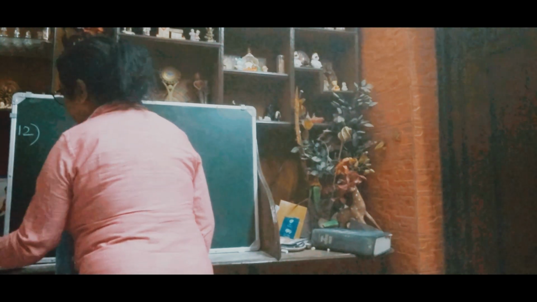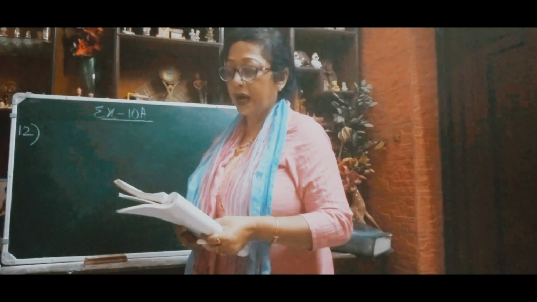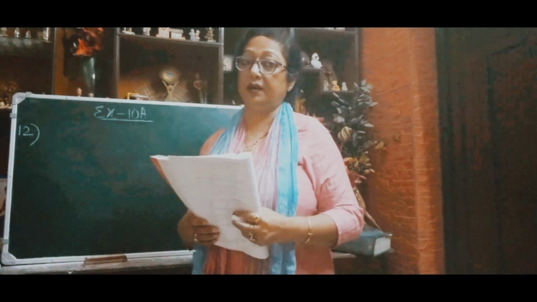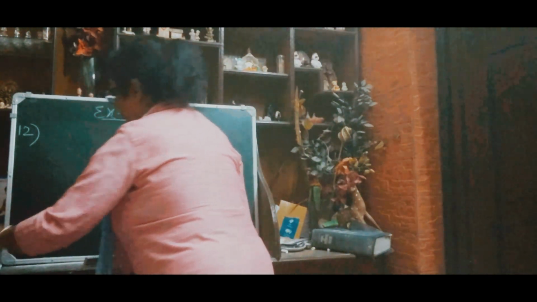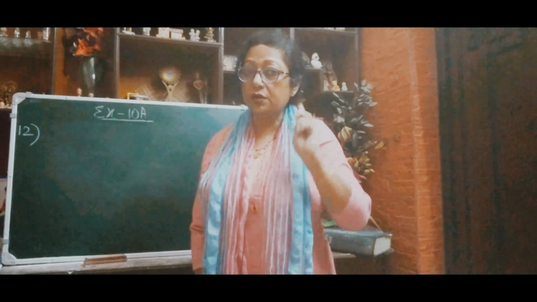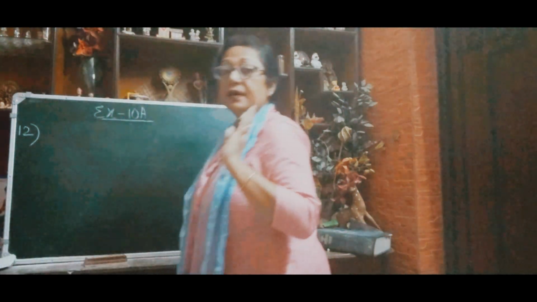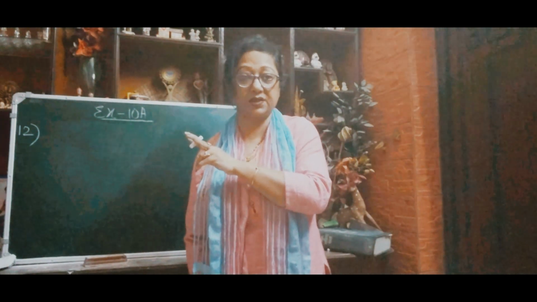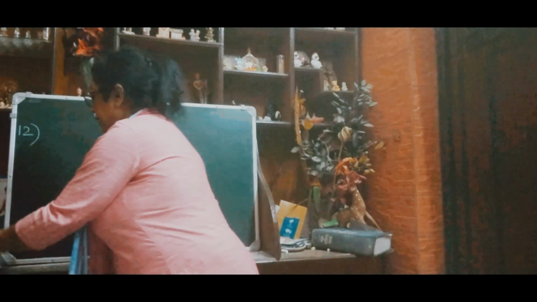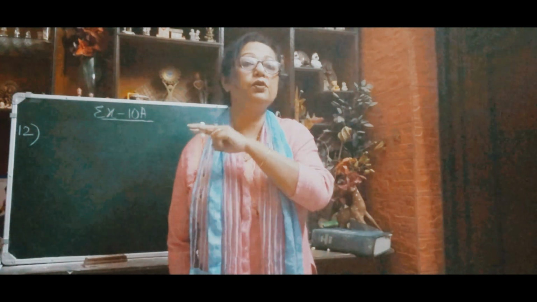Now sum number 12. What are they saying? What amount is 20% less than rupees 60? Again, amount means rupees. We have to find the amount which is 20% less than rupees 60.